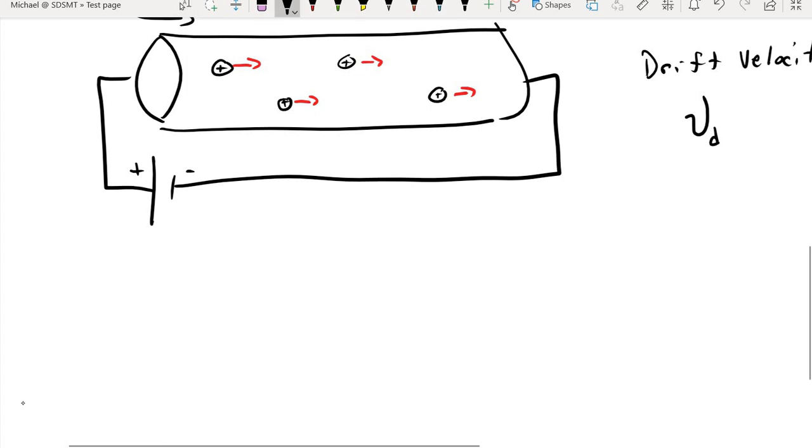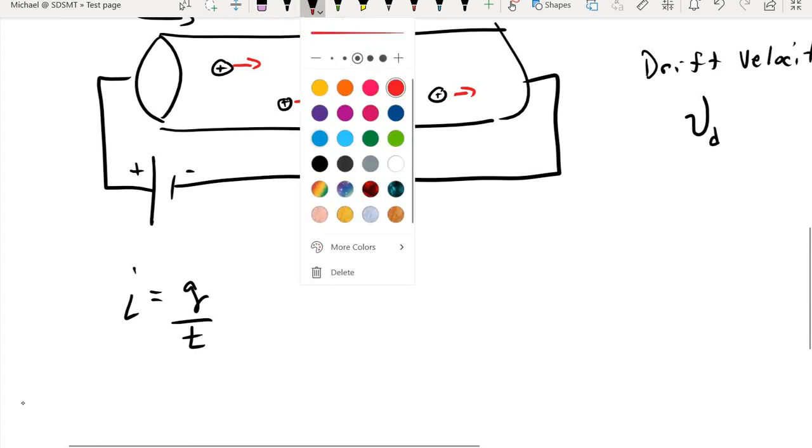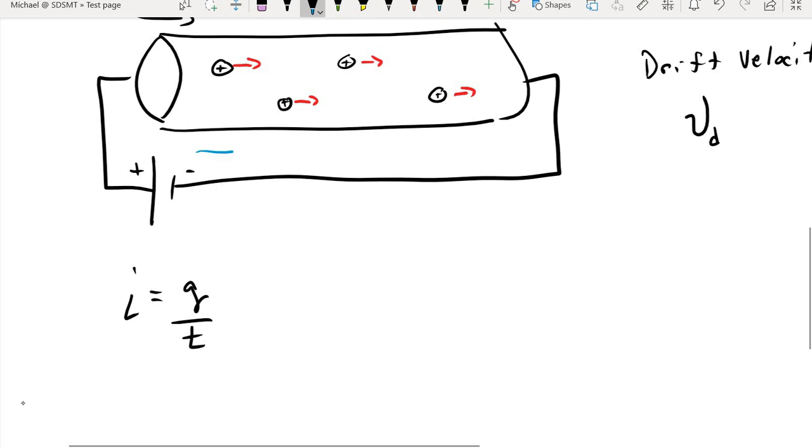First thing we're going to do is bring in our definition of current. So we have a certain amount of charge per unit time that will be passing through our conducting material. And the conducting material has a certain length associated with it.